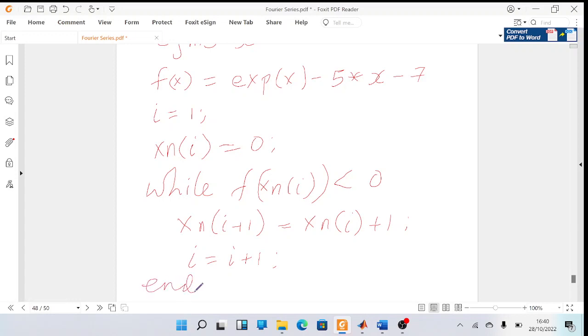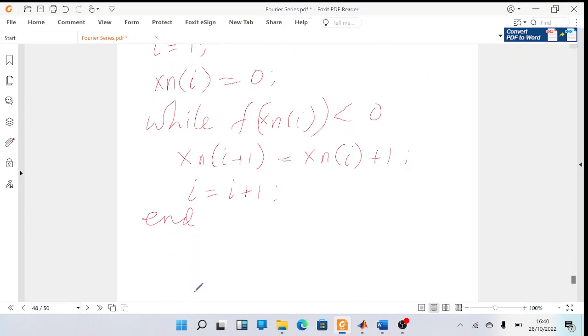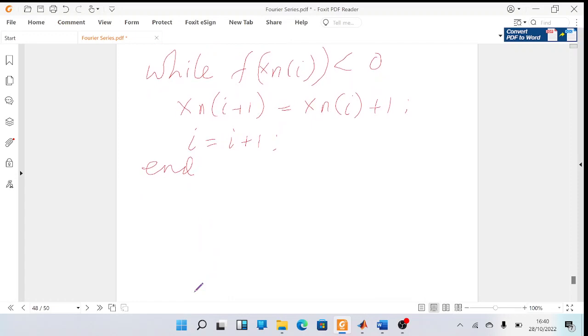Then we add the root. And then, once the loop ends, notice that xn should increase from 0 to 1 to 2 to 3, 4, and so on, until the value of the function at that point is positive.